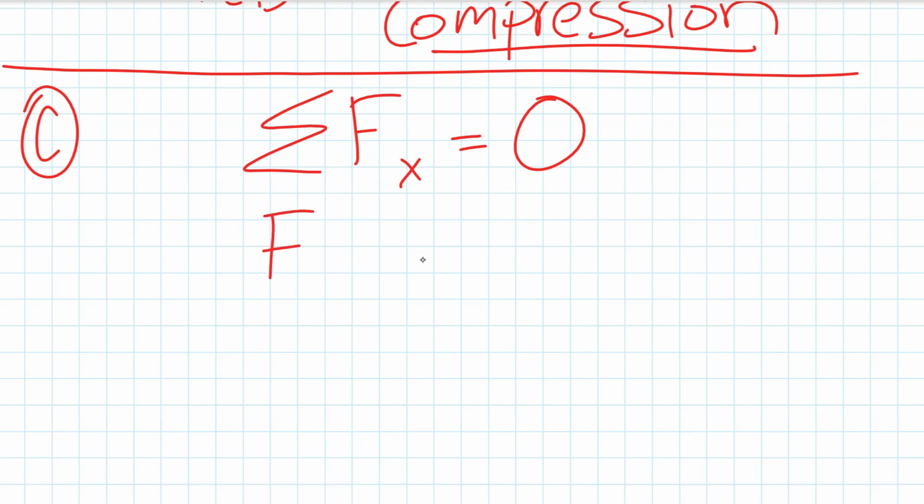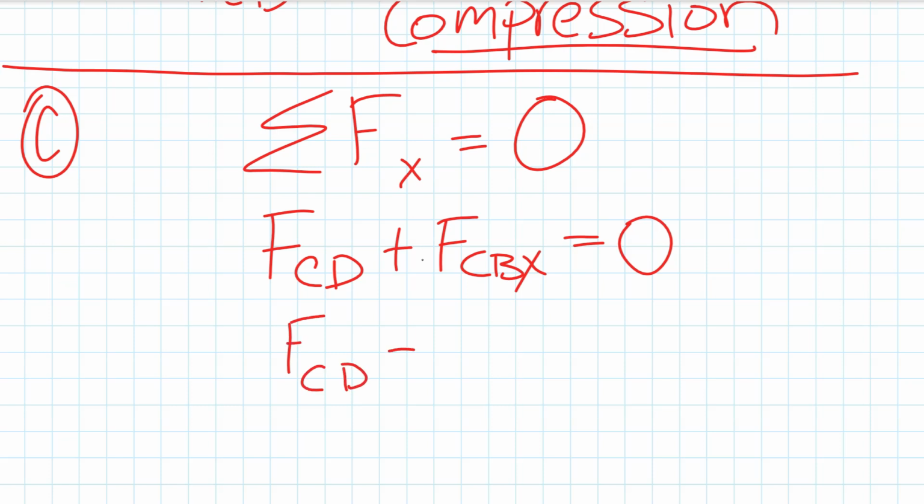So the force on CD, that bottom member going to the center, plus the force on CB in the x direction equals 0. And that gives us the force on member CD must be equal to negative FCBX.